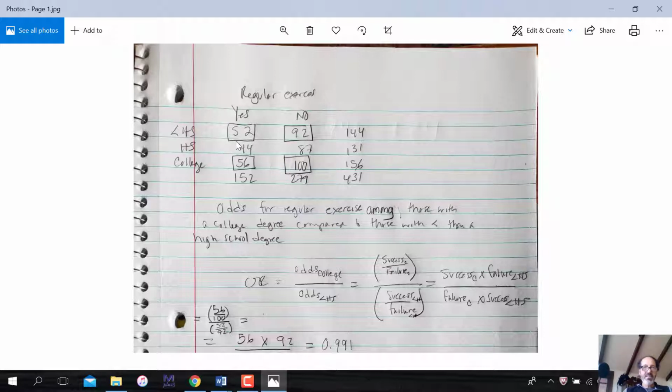So the odds of, well, I actually ask, what are the odds of regular exercise among those with a college degree compared to those with a high school degree? So the odds of success in college in terms of regular exercise is 56, so that's success, because yes, and no is 100, so it's 56 divided by 100.